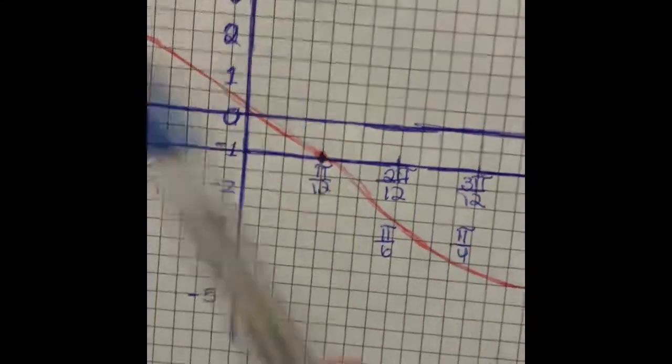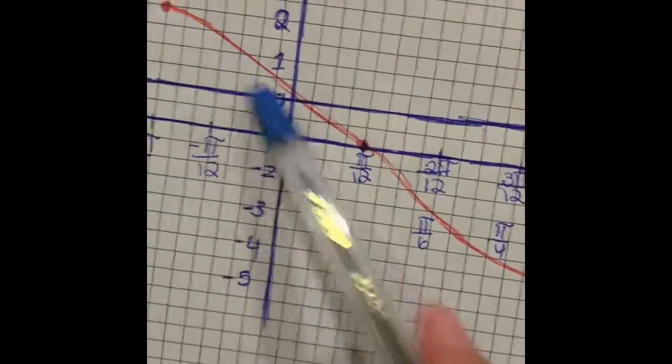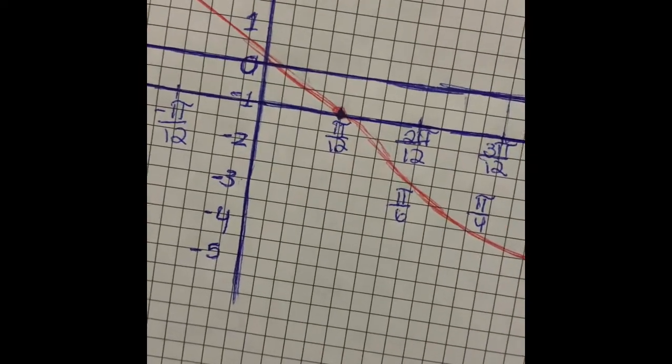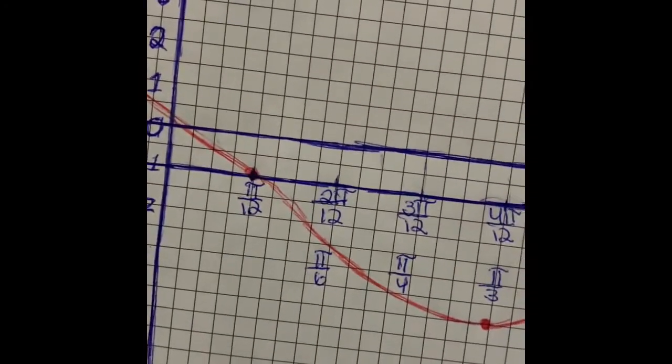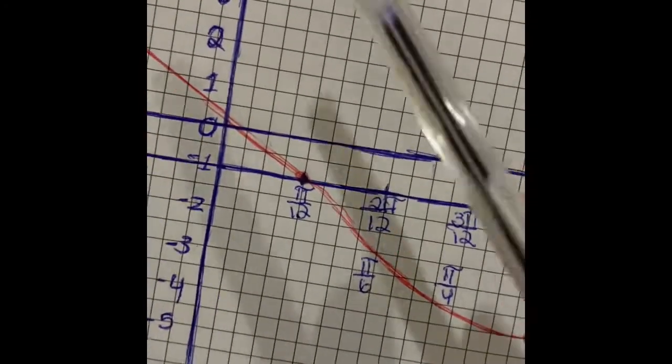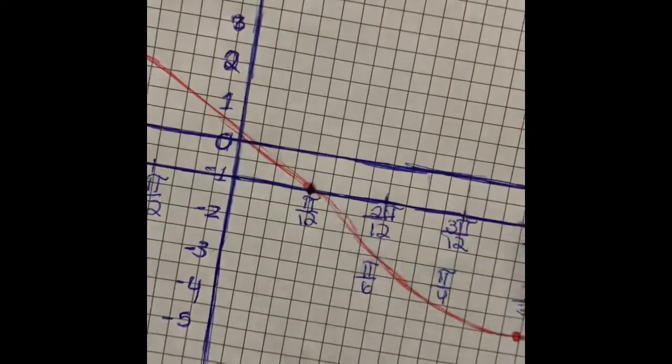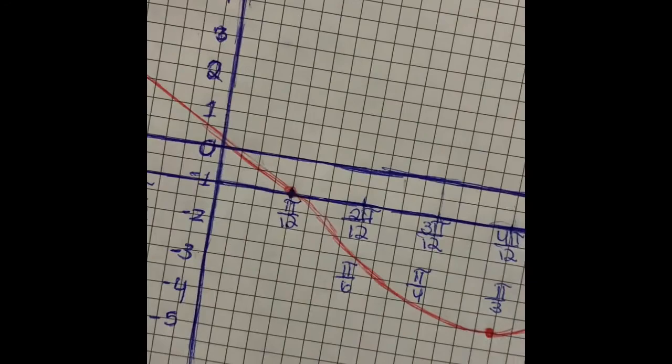And how do we know that it's going to grow like this? Because the positive cosine graph defines the form that it will take.